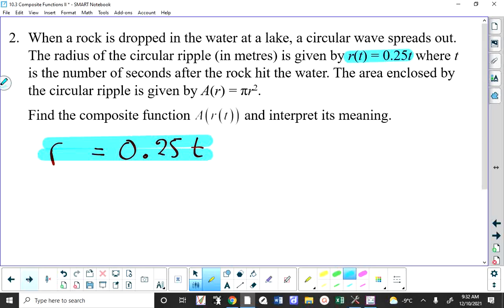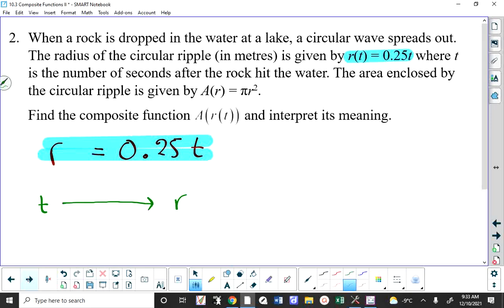I want you to appreciate that what this formula is used for is to take a time and feed it through this formula and get a radius. By the way, for you sciencey, physicsy people, the reason that works is the ripple is spreading outwards at 0.25 meters per second. That's the speed of the ripple. So if you multiply speed by time, you get distance.